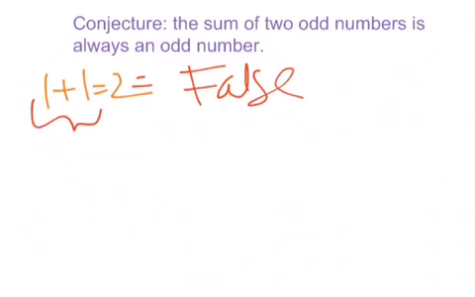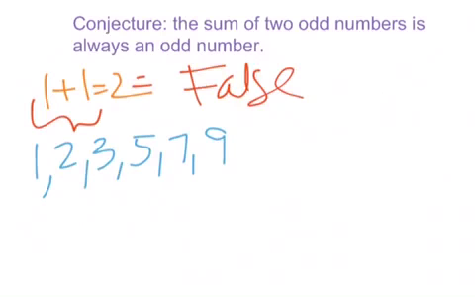The last example we're going to do is: all prime numbers are odd. You think about all prime, and at first you're probably thinking, yes, absolutely, all prime numbers are odd. But in fact, it's actually incorrect, and this is how we're going to find it. I'm going to start listing all of my prime numbers: 1, 2, 3, 5, 7, 9, 11.